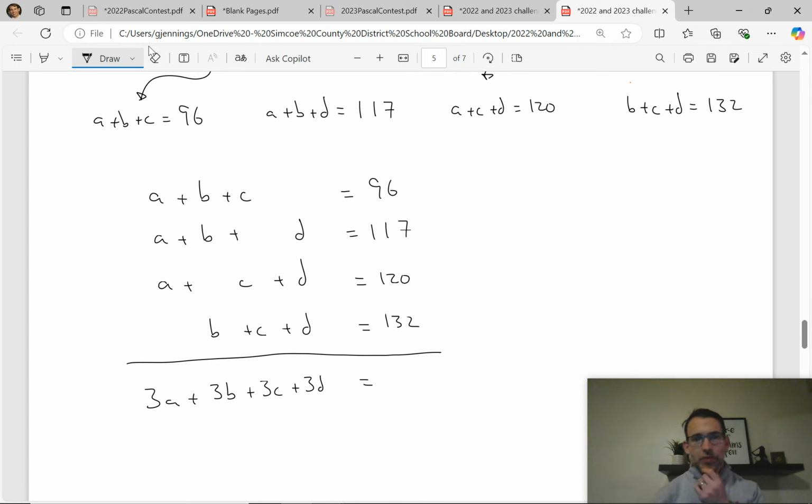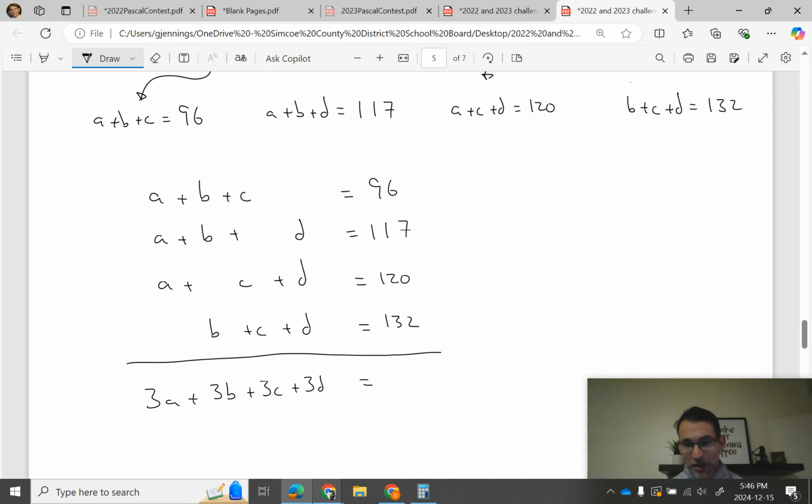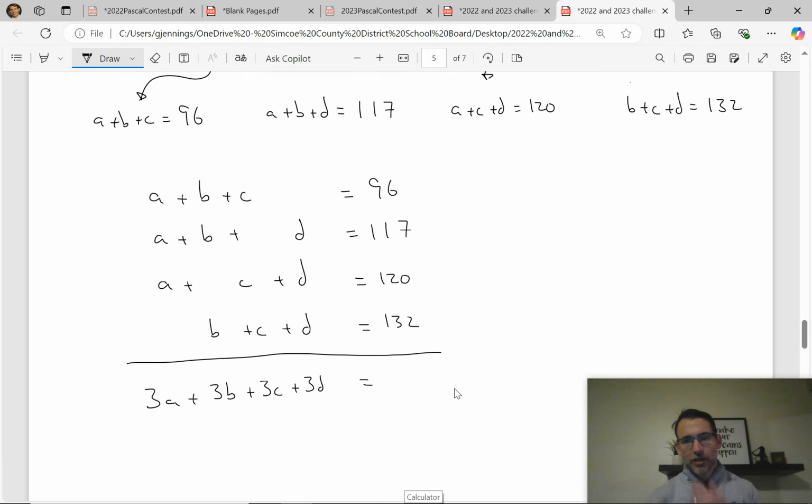So let's go. Brief calculator interlude. Okay, let's do it longhand. 6 plus 7 plus 2 is 5, carry a 1. 1 plus 9 is 10, 11, 13, 16, carry a 1. And then that's 465.